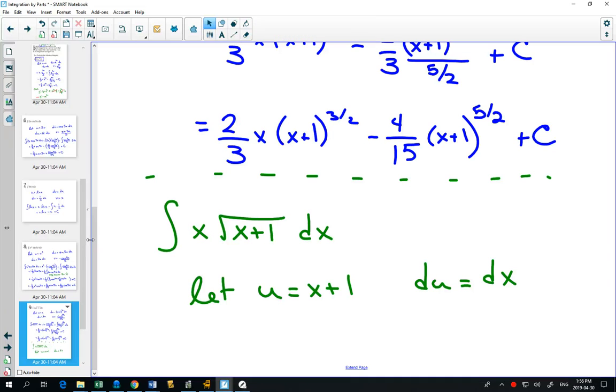However, a little bit of creativity says, if u is equal to x plus 1, would you agree that x is equal to u minus 1?